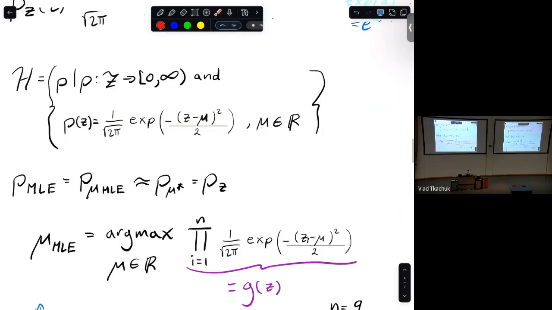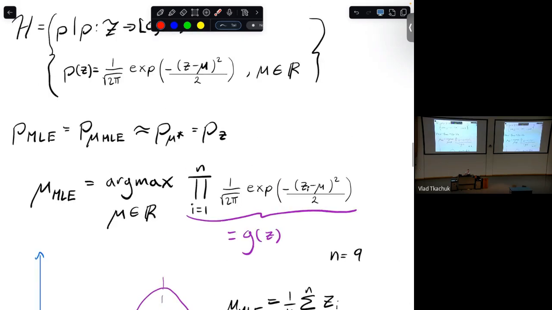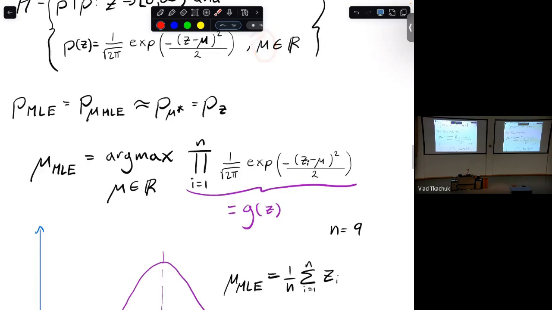And so that's what the process looks like. We've seen this before. And this is often how a lot of optimization is done. You can't optimize over functions, but you can what is called parameterize the function class. So describe your function class as a set of functions that are described by some finite number of parameters, like mu here only. And then you optimize over just that.